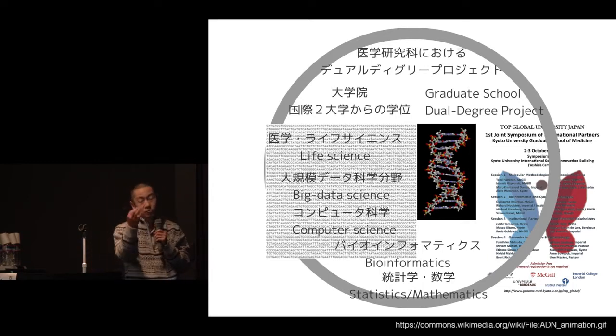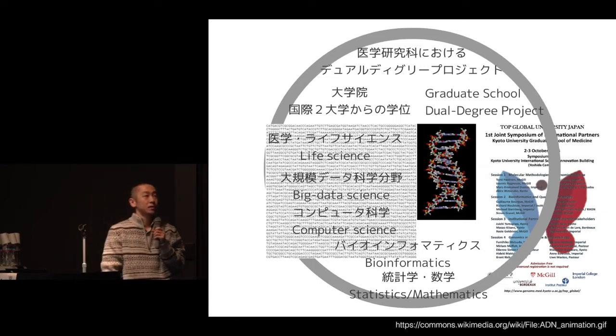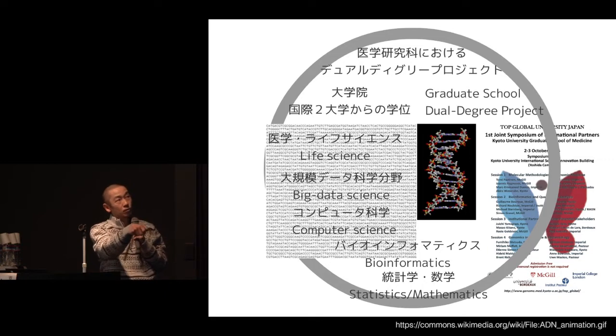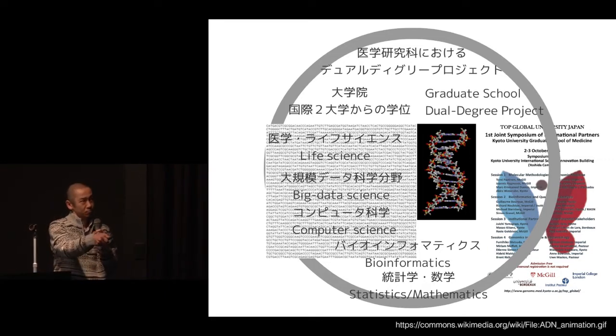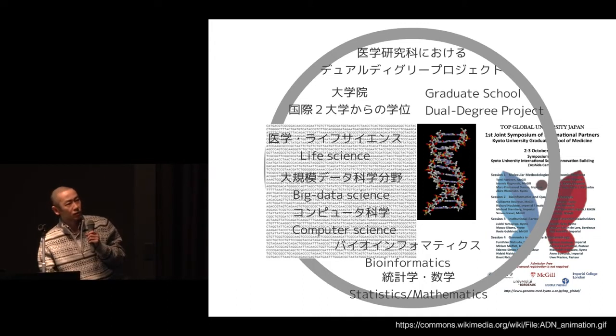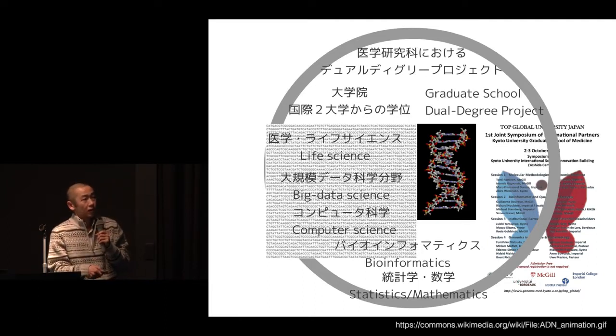That is regarded as a Kyoto University emblem, symbolizing graduation, together with the partner university's graduation certification. That is actually the dual degree project. So based on that framework, I have been designing this one.